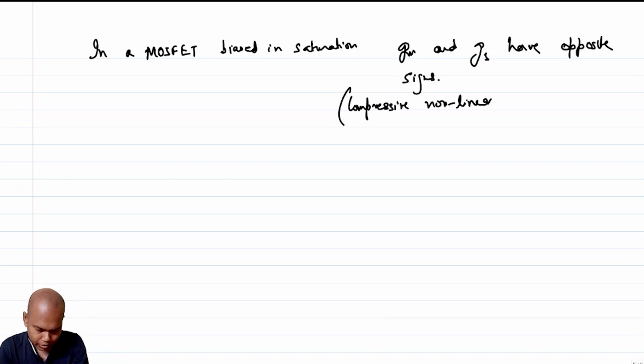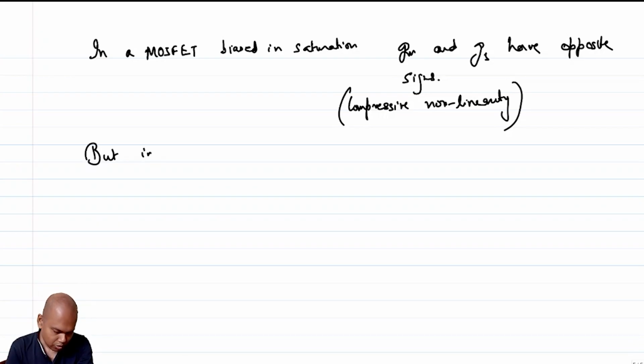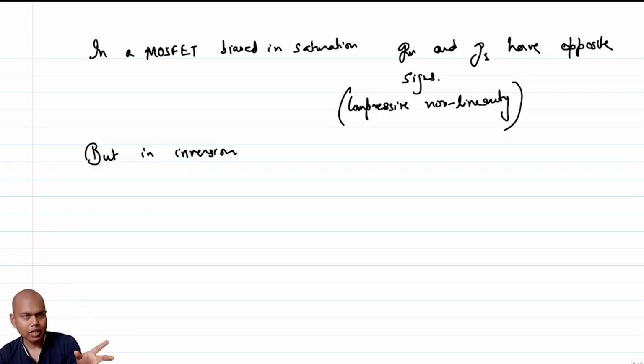which is intuitive, right? But what is not intuitive is if you bias the MOSFET in weak inversion, the current-voltage characteristics of the MOSFET is similar to that of a BJT.